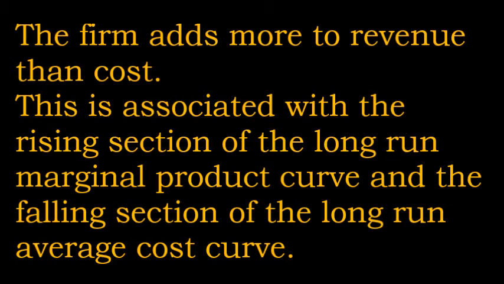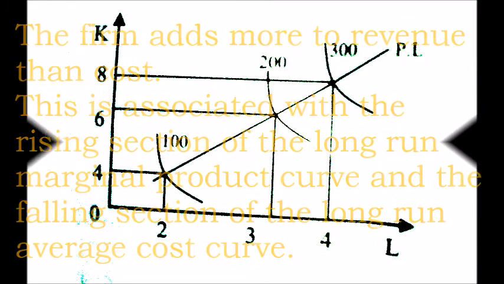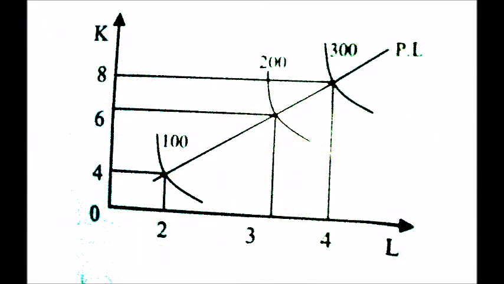This is associated with the rising section of the long-run marginal product curve and the falling section of the long-run average cost curve. Now let's look at the diagram. Look at the graph very carefully and listen to the explanation.